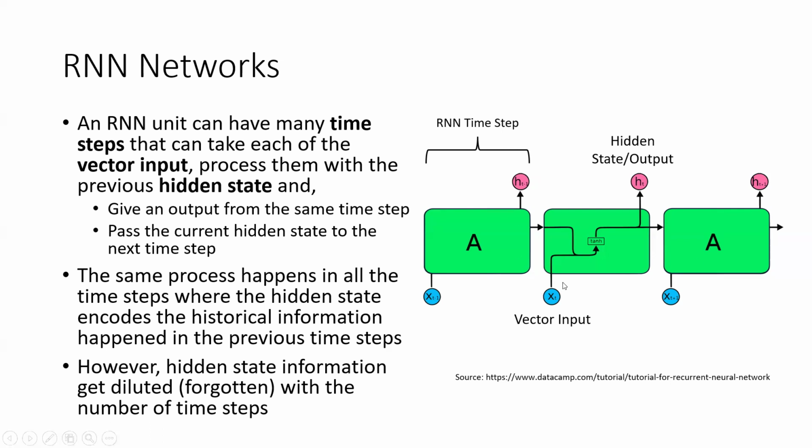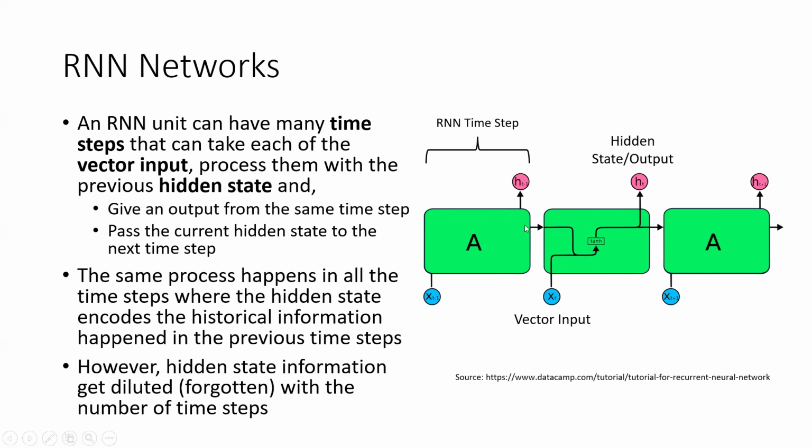Like the inputs are represented as vectors, these hidden states are also represented as vectors, and these outputs are also represented as vectors as well, right? So when we give some input into these recurrent neural networks, we have to give vectors as inputs, and the outputs will also be in vectorized format, right?